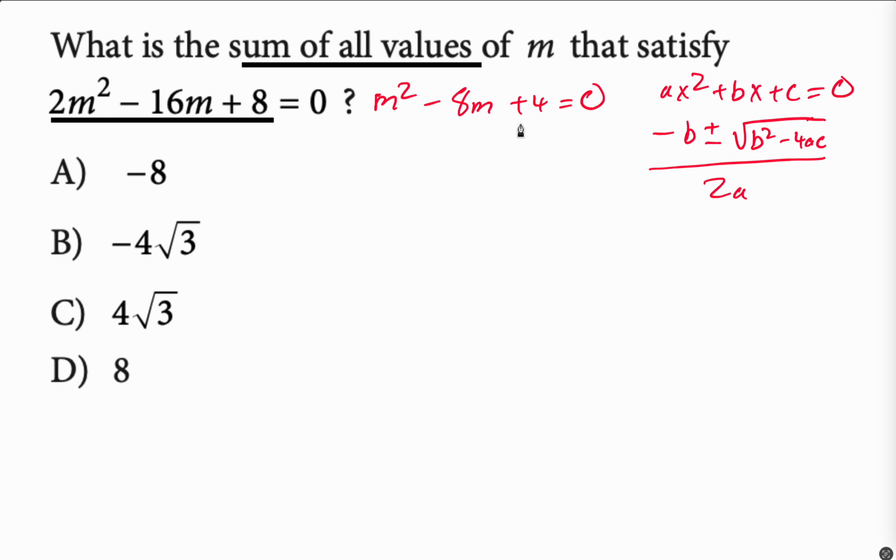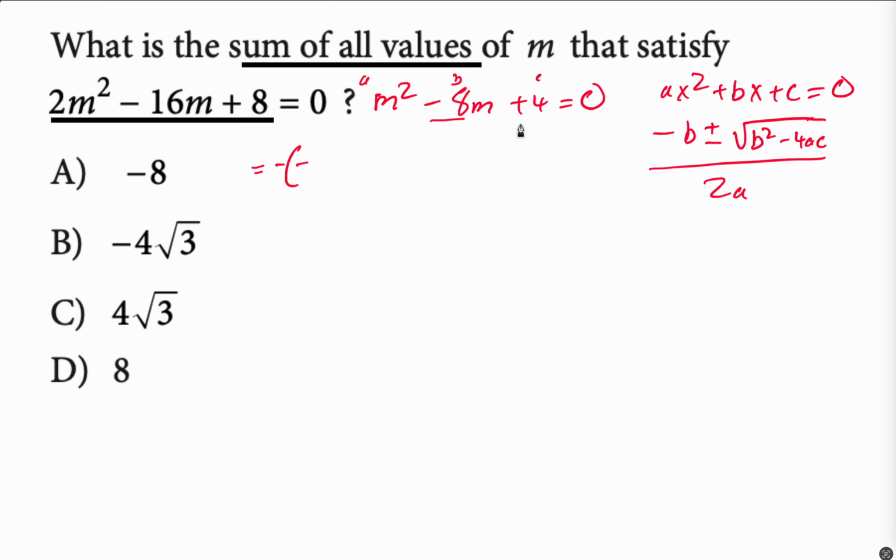We're going to use the quadratic formula to solve for m, so basically just plug it in. Here, this is a, this is b, and this is c, right? So we have negative b, and the b is negative 8, not just 8.